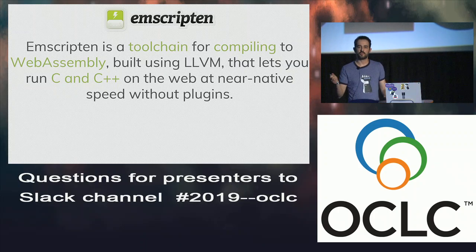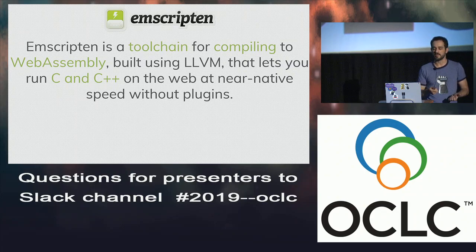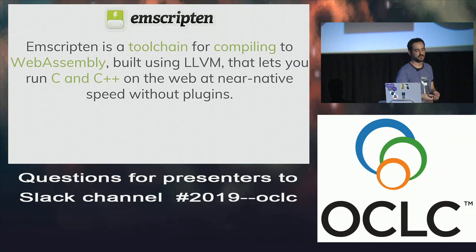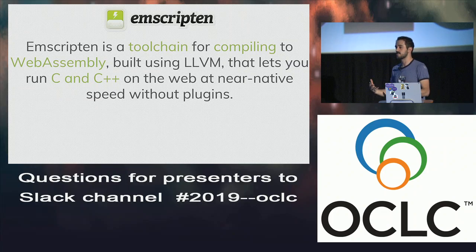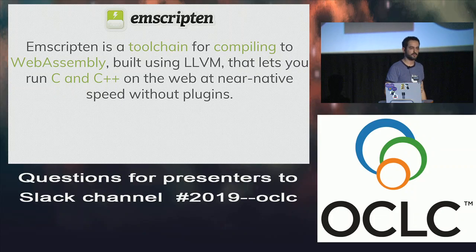This is actually a tool chain that's used for compiling WebAssembly. And it uses an actual stack of different technologies to do this. And it's mainly used to compile C and C++ languages and similar languages to native WebAssembly code.